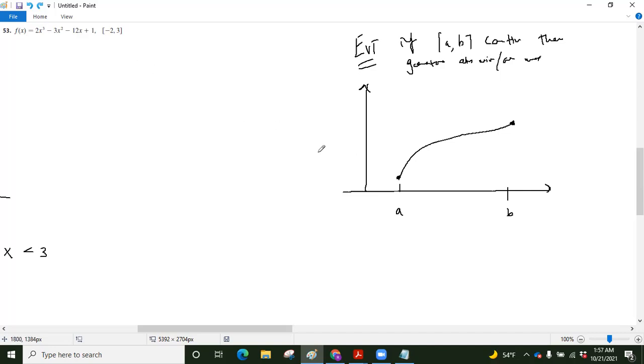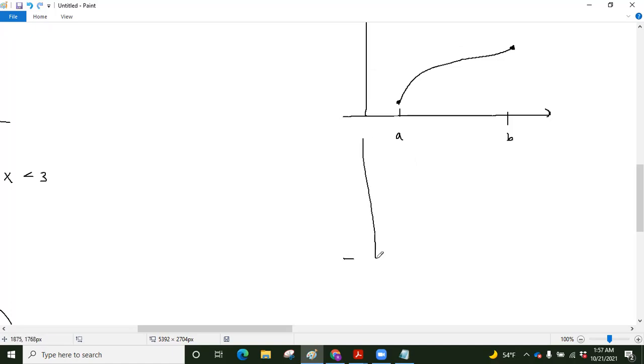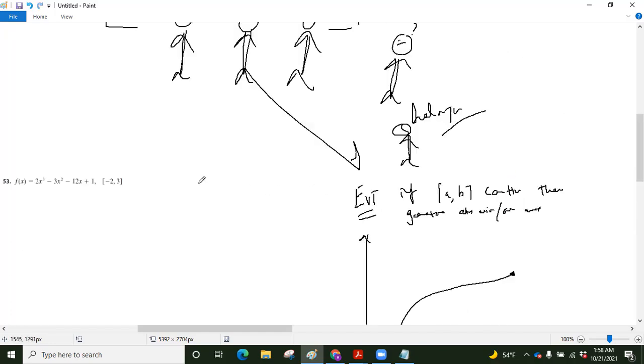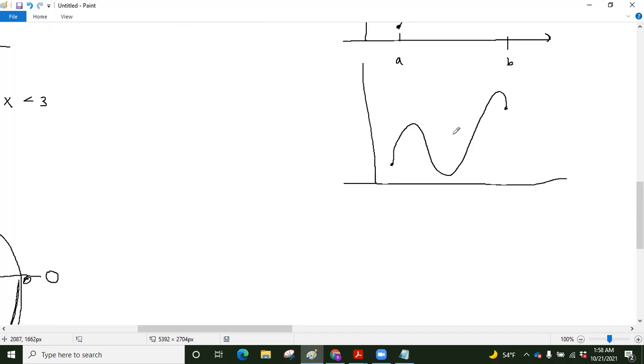And this makes sense, right? Because if this function was maybe something like this, or you could maybe say something like this. What we're doing is first asking ourselves, where are the critical numbers?